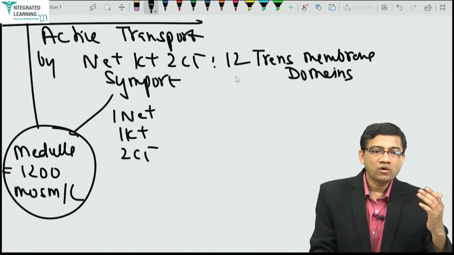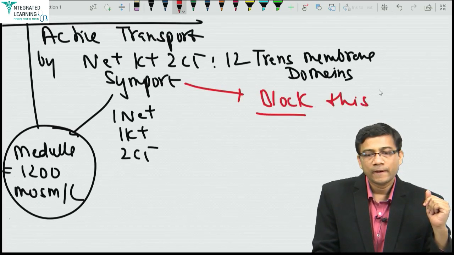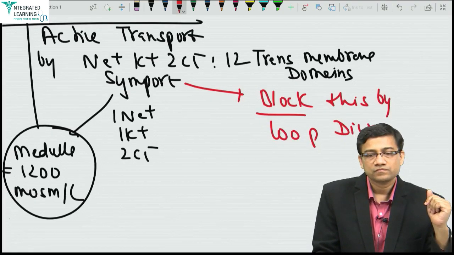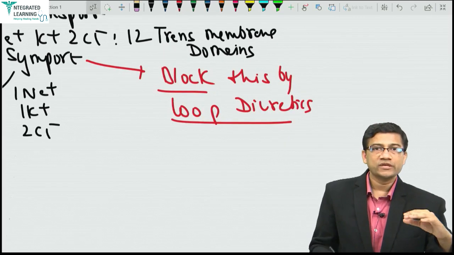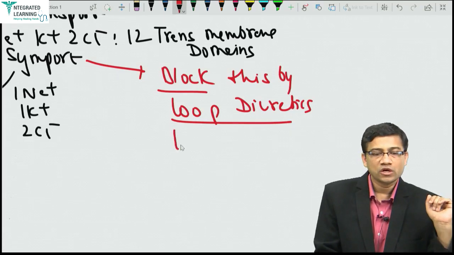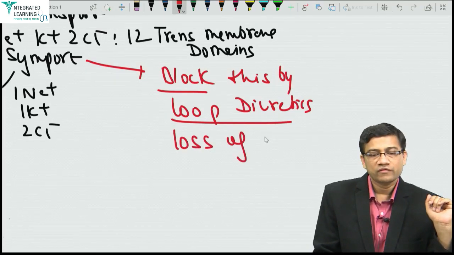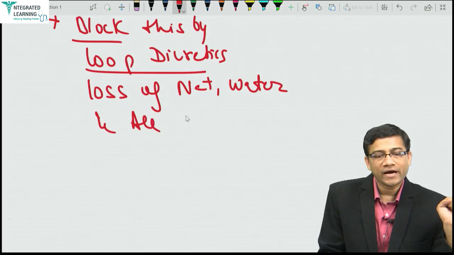Okay. Now some clinical questions. If you block this, by what drugs? Loop diuretics, you will have a problem. The sodium, potassium, they all will be lost because they will not be absorbed, and that causes diuresis. So it causes loss of sodium, water, and all ions and most solutes except maybe uric acid.